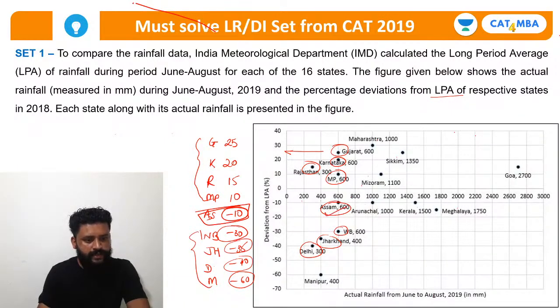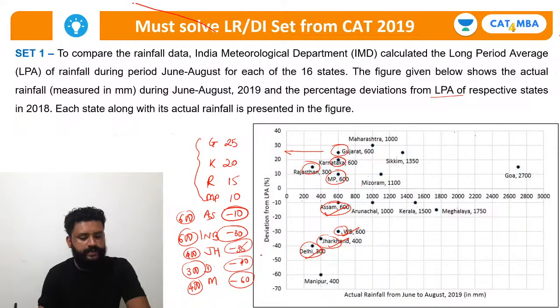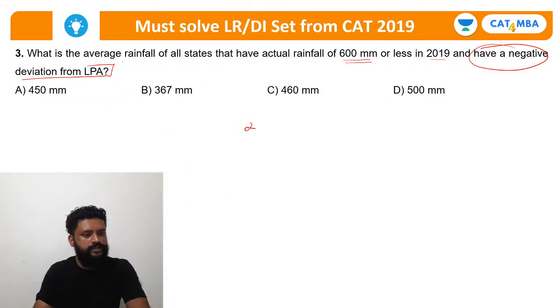In 600 or less, these will come: Assam, West Bengal, Jharkhand, Delhi, all with negative deviation, which we calculated just now. These are 5. So Assam is 600, West Bengal is 600, Jharkhand is 400, Delhi is 300, Manipur 400, and all others are greater than 600. So what is the average? 600, 600, 400, 300, 400, total 2300. Divided by how many states?